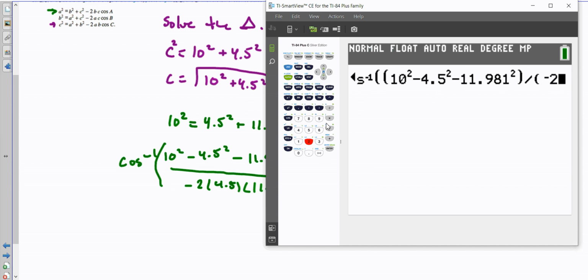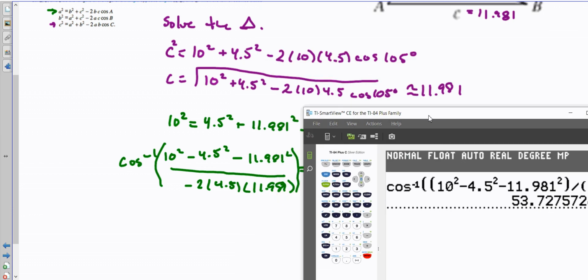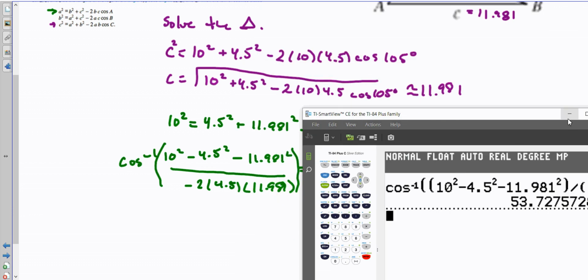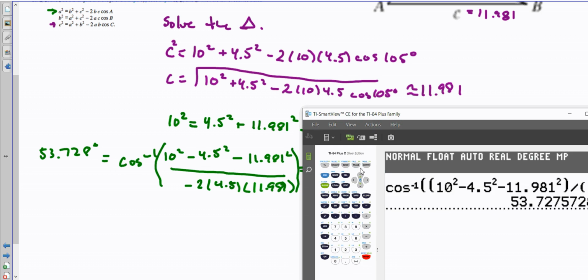Make sure you use that as your negative, times 4.5 times 11.981, and close parentheses one more time, press enter, we get an answer of 53.728. So with that, 53.728 was the answer.